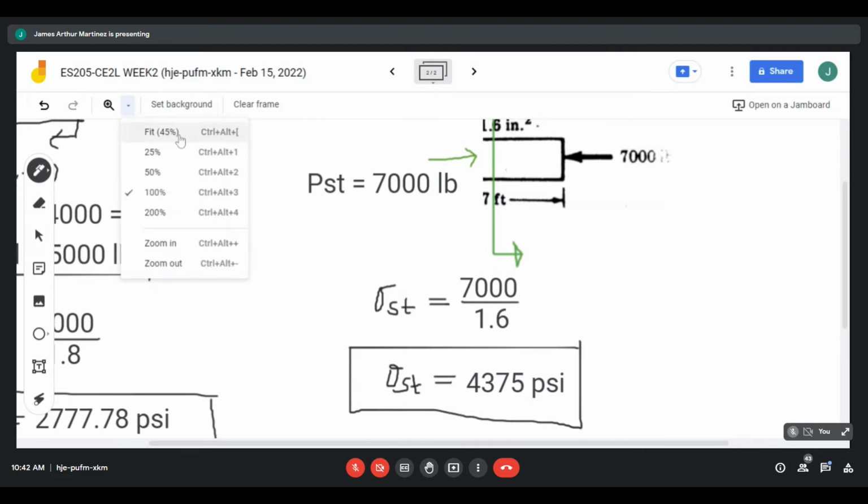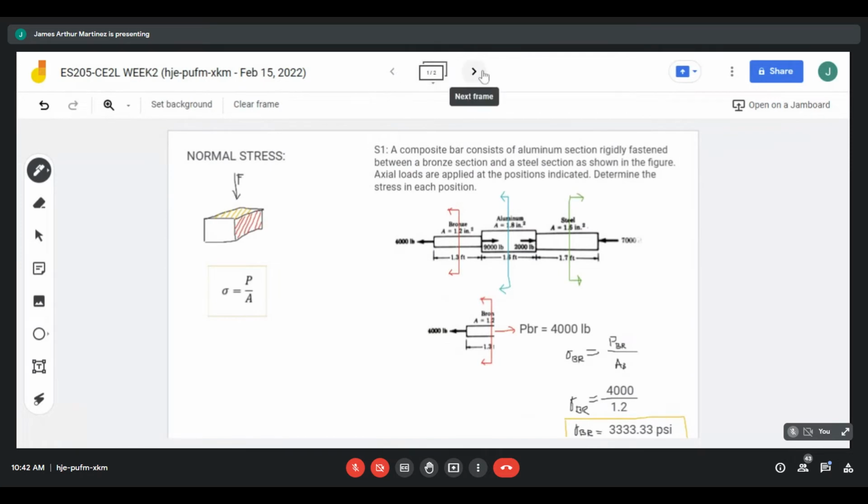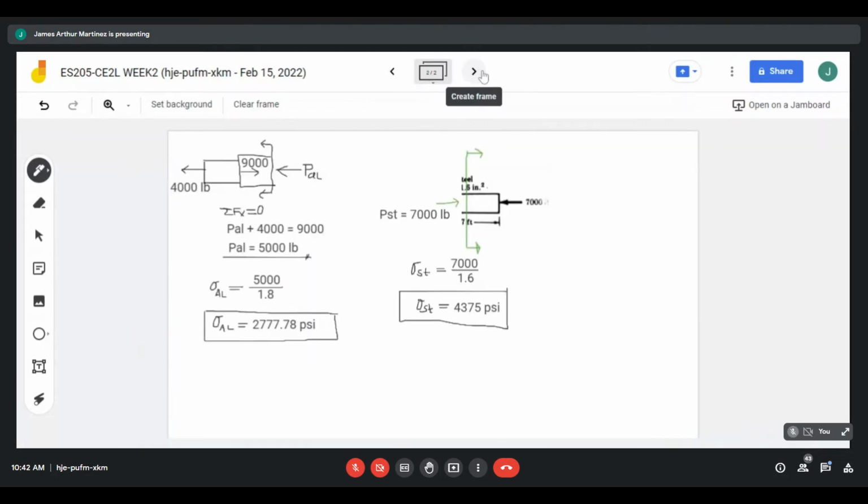Okay, so these are our answers for sample problem number 1. The stress for bronze is 3,333.33 PSI, for aluminum 2,777.78 PSI, and for steel 4,375 PSI.